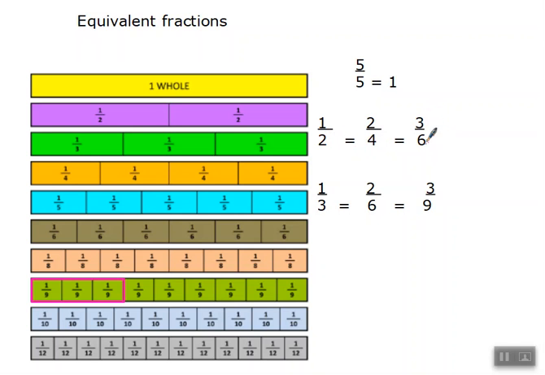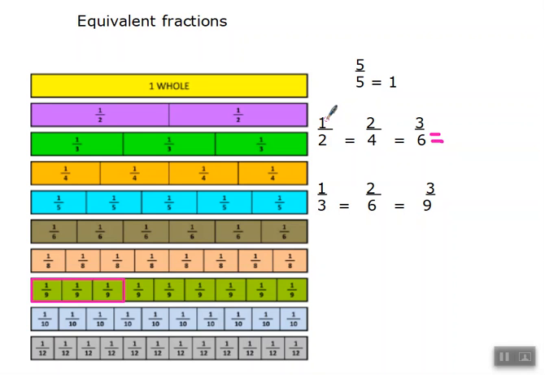I'm going to try to add 2 more on the end here using this method. So when we're finding equivalent fractions, we never use plus or minus. We never use addition and subtraction. We only ever use multiplication or division. So what do I have to multiply 1 by to get to 2?